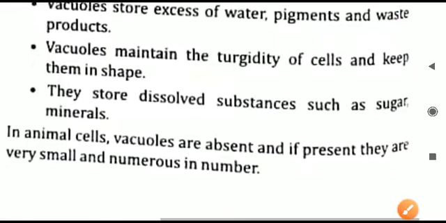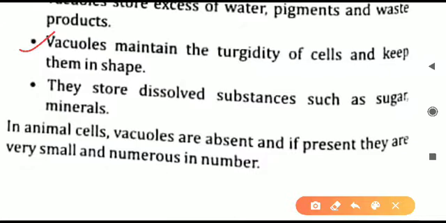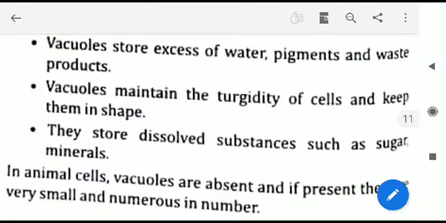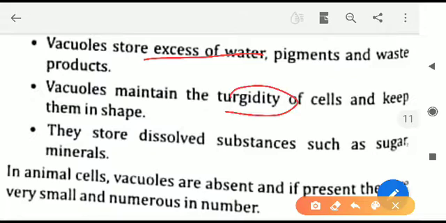So the first function we have already seen. Second one now, vacuoles maintain the turgidity of the cells and keep them in shape. Turgidity means the quantity of water inside the cell. If more water is there in the cell, the vacuole will absorb that, and this excess of water, as we have seen in the first function, is stored in the vacuole. So if extra water is there, if the turgidity is not normal, turgidity means water level.